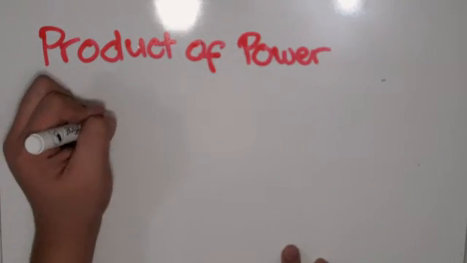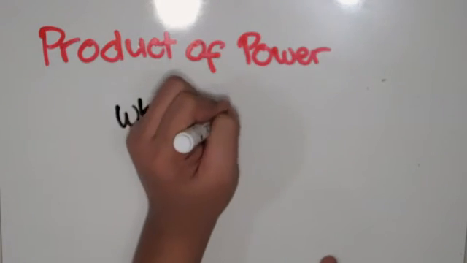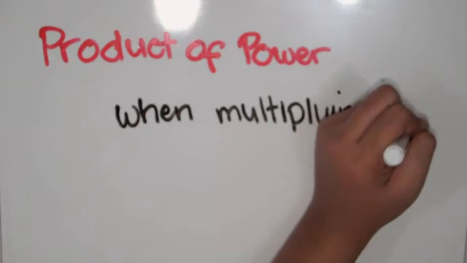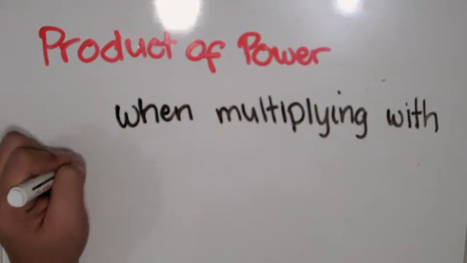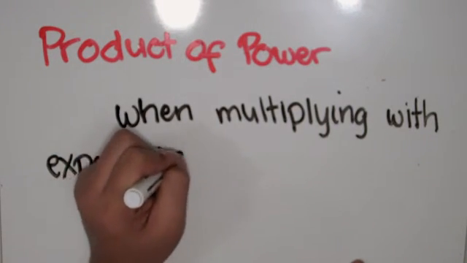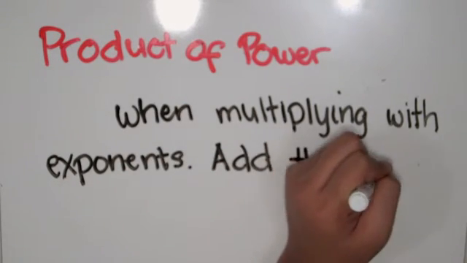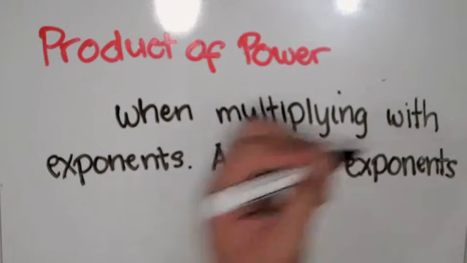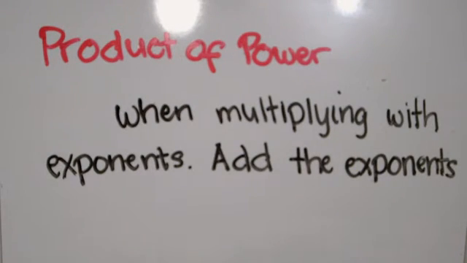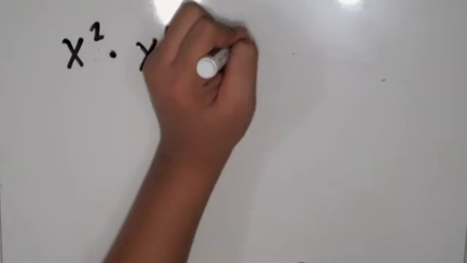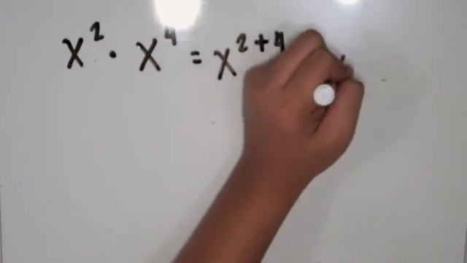When multiplying with exponents, you must add the exponents. x squared times x raised to 4 equals x raised to 2 plus 4 equals x raised to 6.